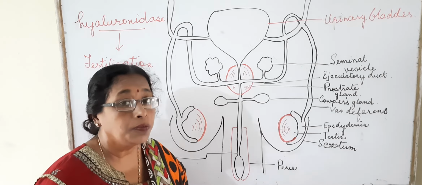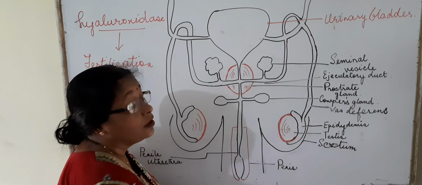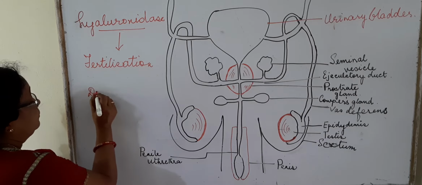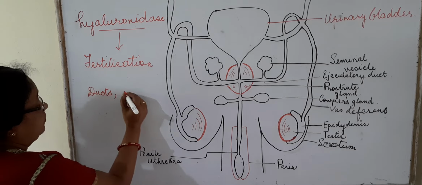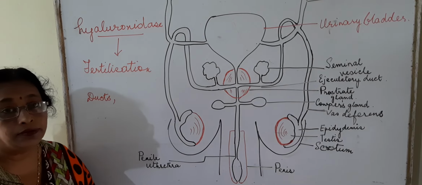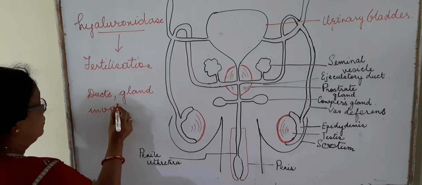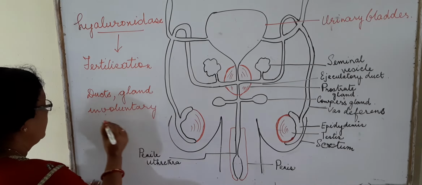The secretion of the prostate is slightly acidic, and the prostate gland is made up of ducts, glands and involuntary muscles.